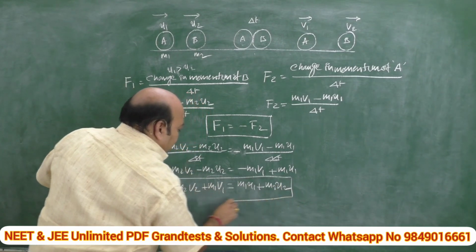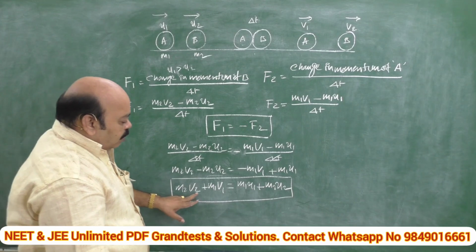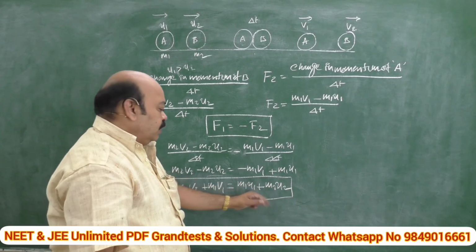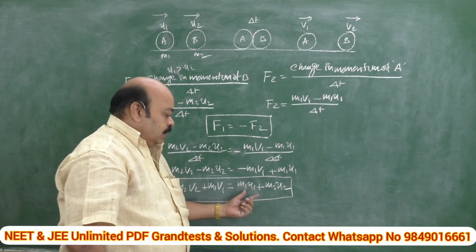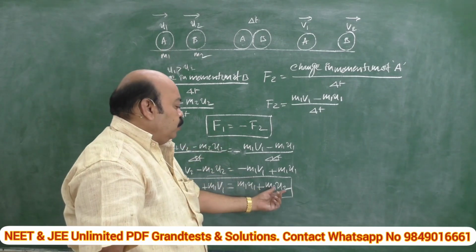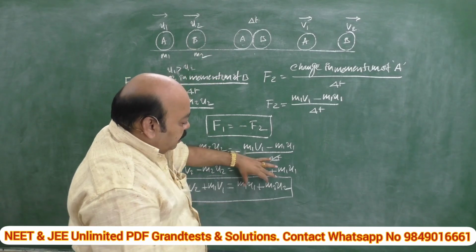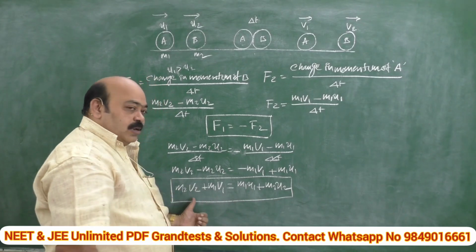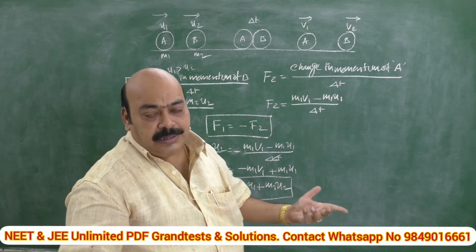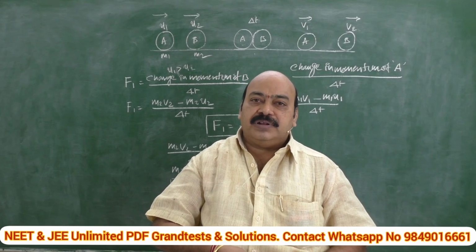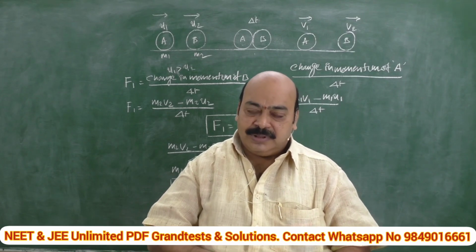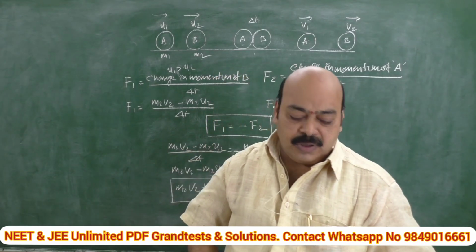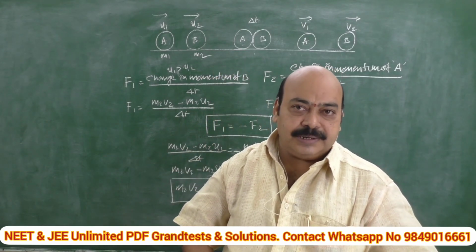If you observe carefully, it is nothing but total momentum after collision is equal to total momentum before collision, because m1 u1 is the initial momentum of A, m2 u2 is the initial momentum of B, and their sum means the total momentum before collision is equal to total momentum after collision. Hence it is in good agreement with the law of conservation of momentum. So the law of conservation of momentum is said to be verified in one dimensional elastic collisions.